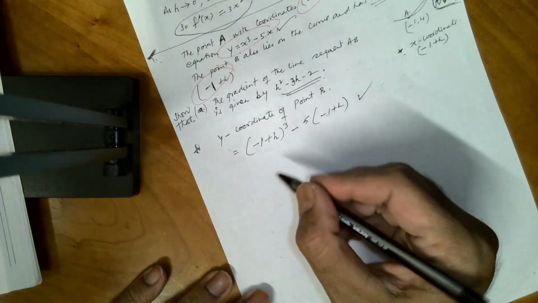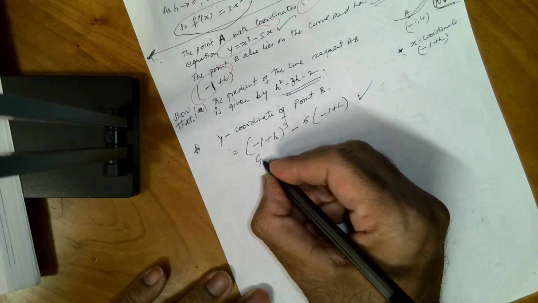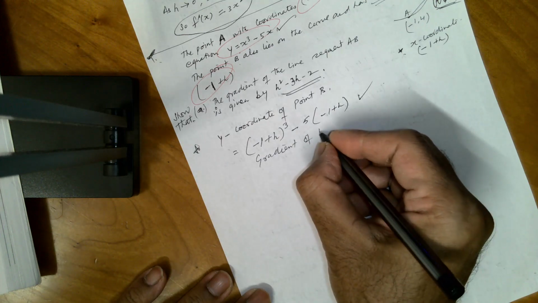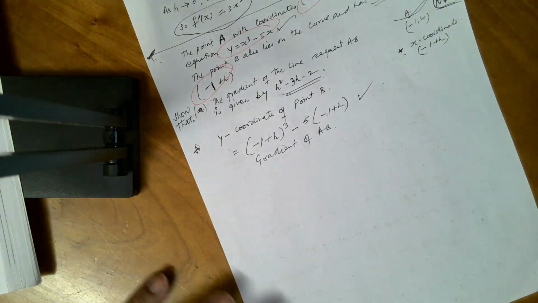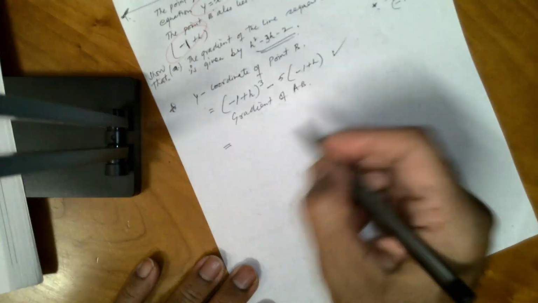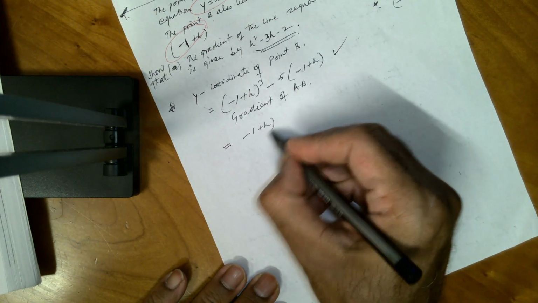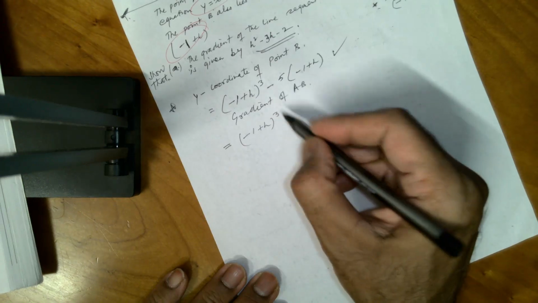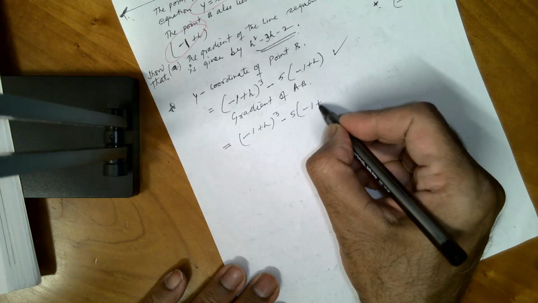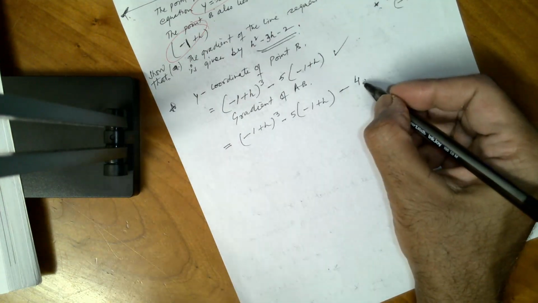Now, if I ask you what the gradient of AB will be, you have -1 plus h, all cubed, minus 5 times -1 plus h, then minus 4.